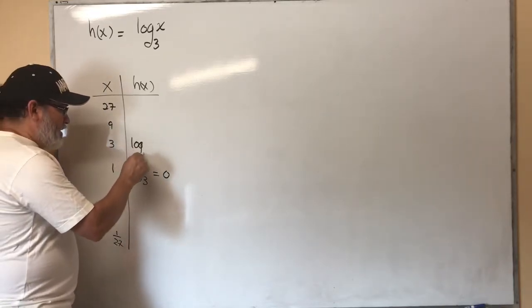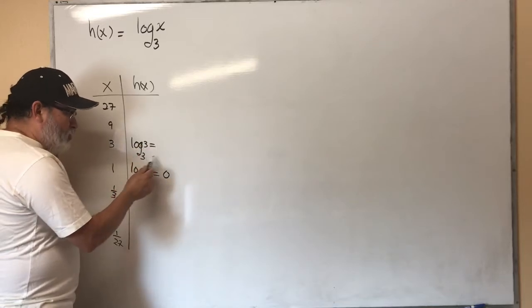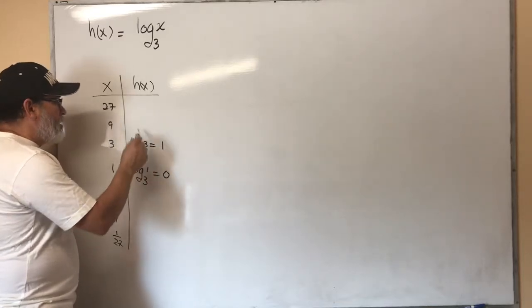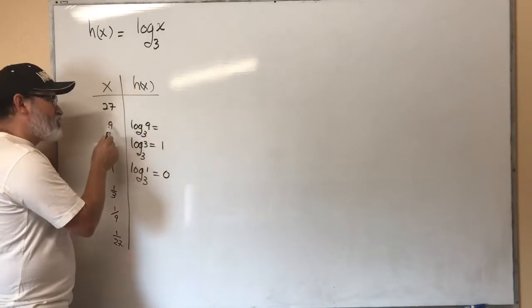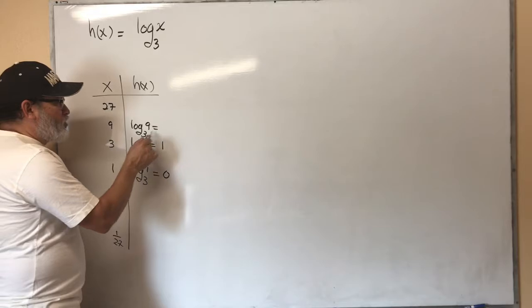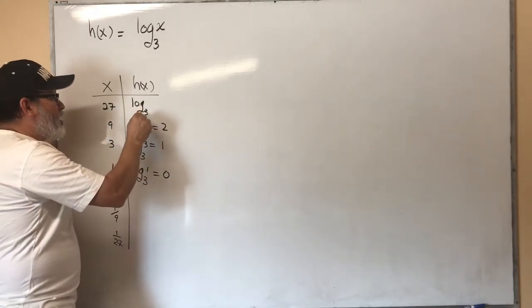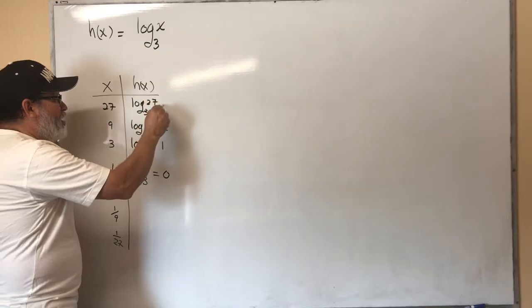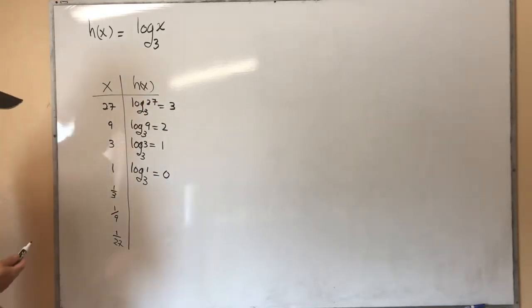Log base 3 of 3. 3 to what power gives you 3? 1. Log base 3 of 9. These are smart values. 3 to the second power. Log base 3 of 27. 3 to the third power is 27.